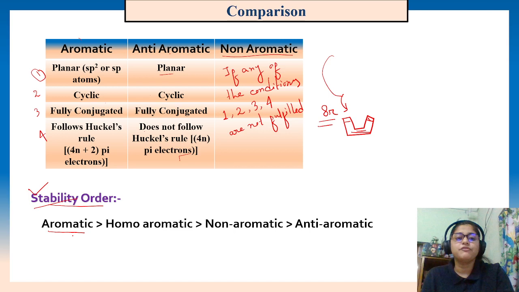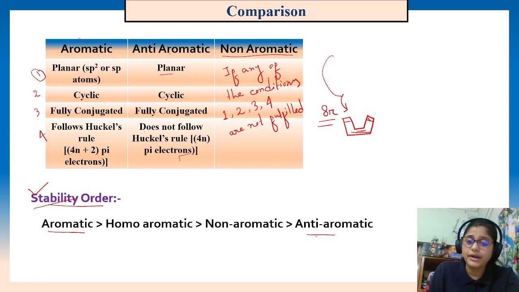Aromatic compounds which follow Huckel rule, planar and cyclic, fully conjugated, are the most stable. Then comes homoaromatic, then non-aromatic, then anti-aromatic. It is seen that anti-aromatic compounds are highly unstable. This is a property of anti-aromatic compounds.